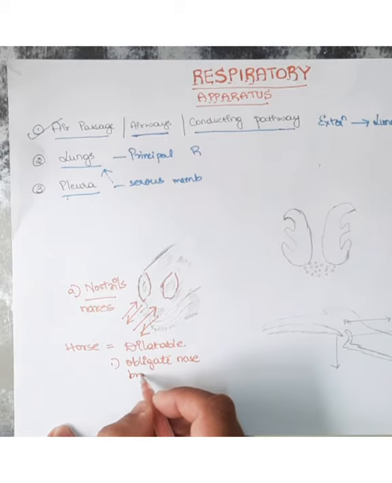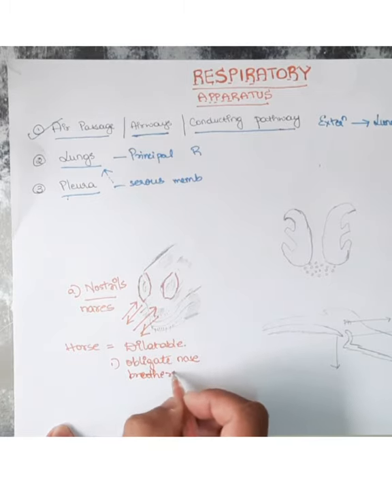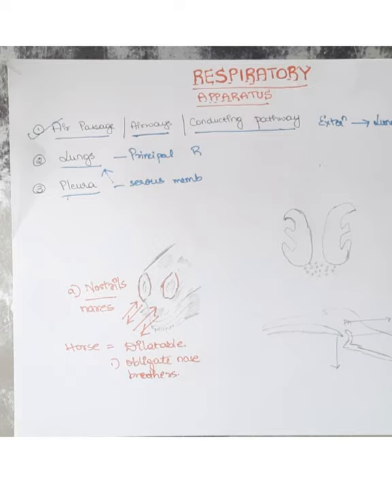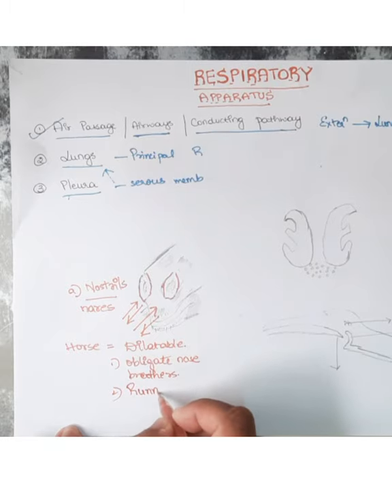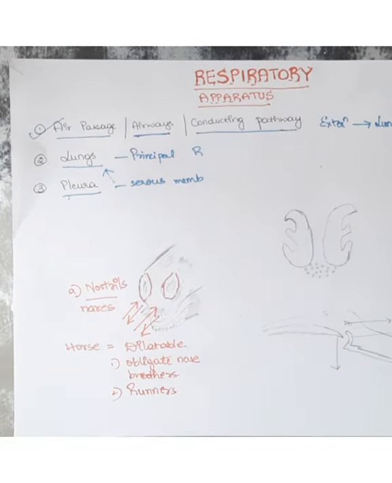They will not breathe through the mouth. And they are runners. Whenever they go for running, there is a need for more oxygen. So to take in more air, the external nares become distendable so that more air can get inside.